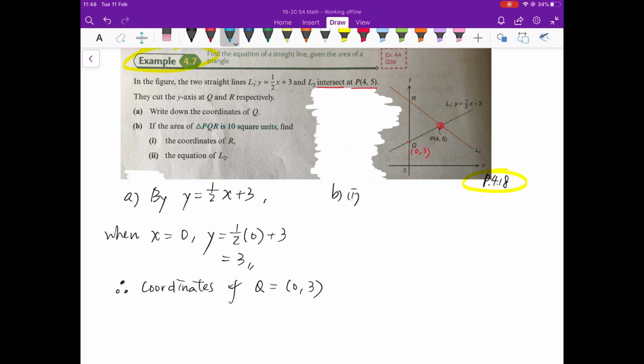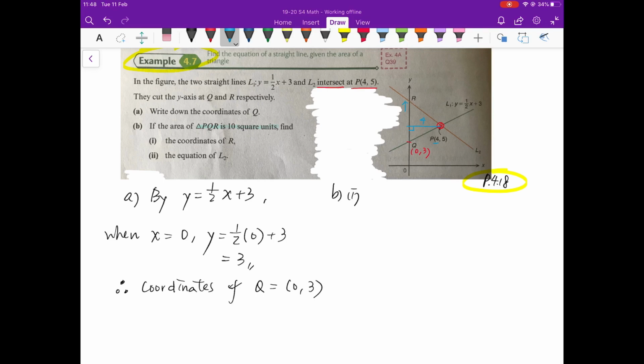When we look at the coordinates of P, this value 4 is representing the horizontal distance. In this triangle, it is representing the height of the triangle.